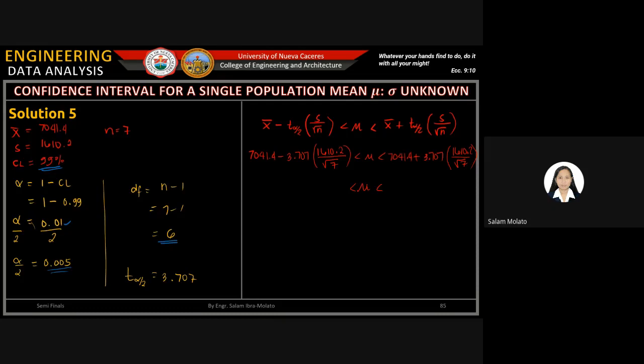That's 4785.3. Let me write it. 4785.3. And the other one is 9929.7, point 4 or point 5? 0.47, so that would be 0.5. 9296.5.